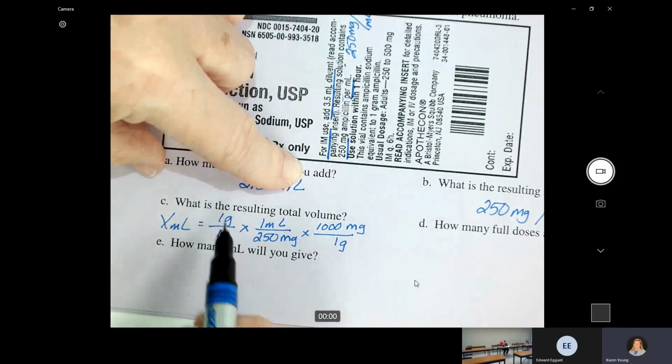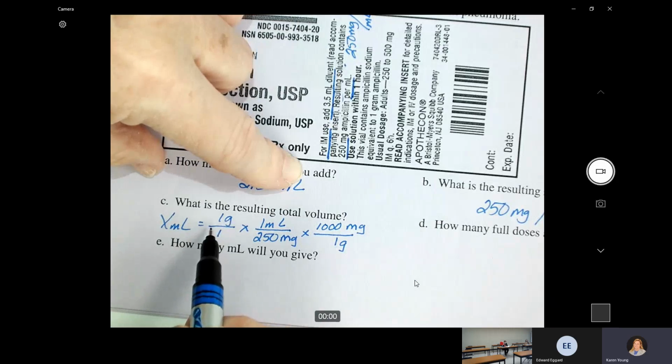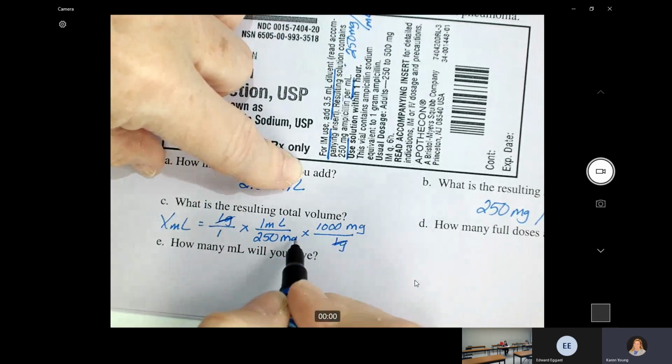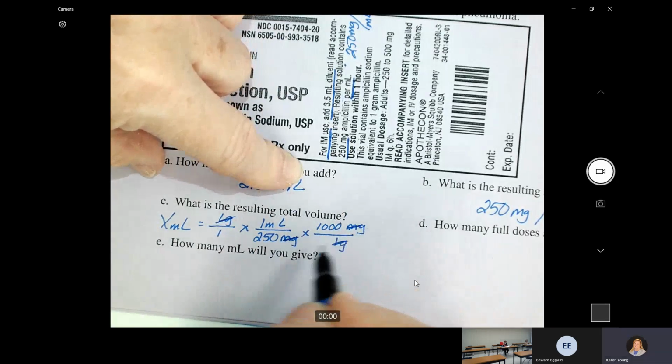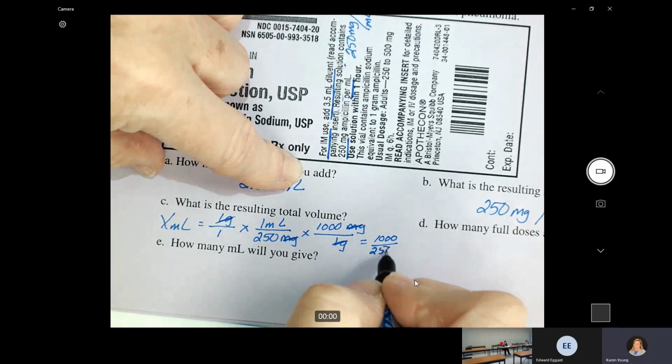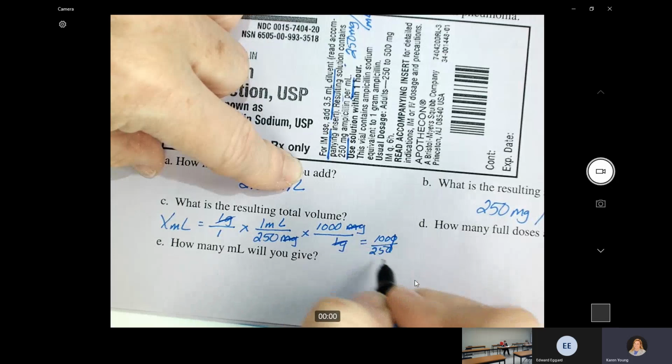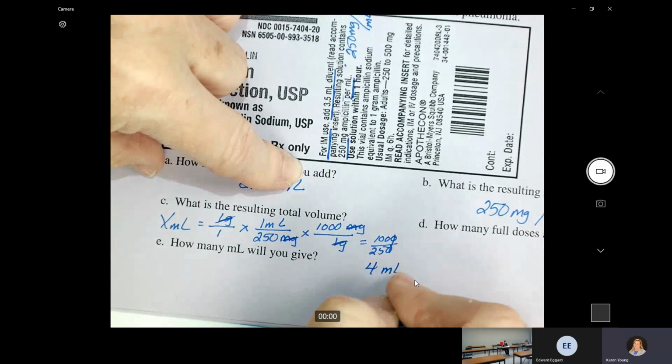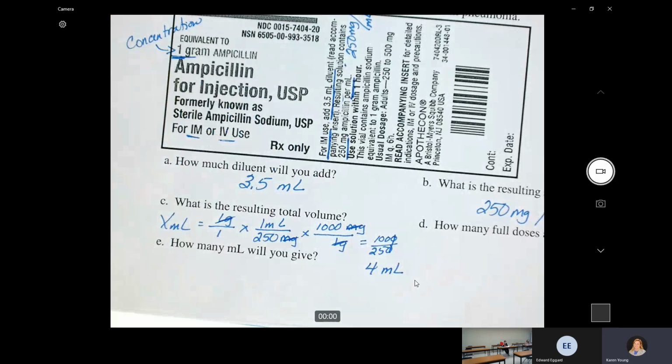Honestly, if you know that there's 1,000 milligrams in 1 gram, you can change this 1 gram to 1,000. If not, do the little conversion if you're not comfortable with it. So now I have 1,000 over 250. I can cancel a 0, so I have 100 divided by 25. That gives me 4 milliliters. So I have 4 milliliters total.